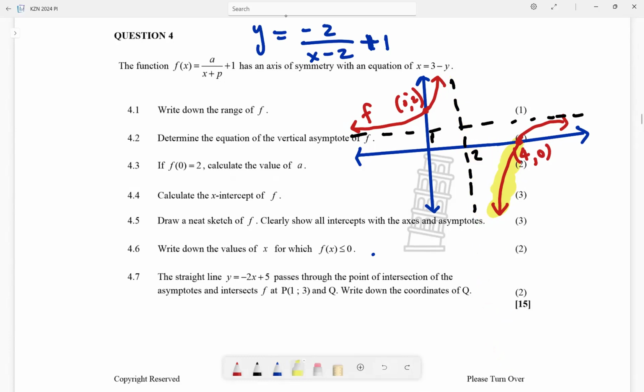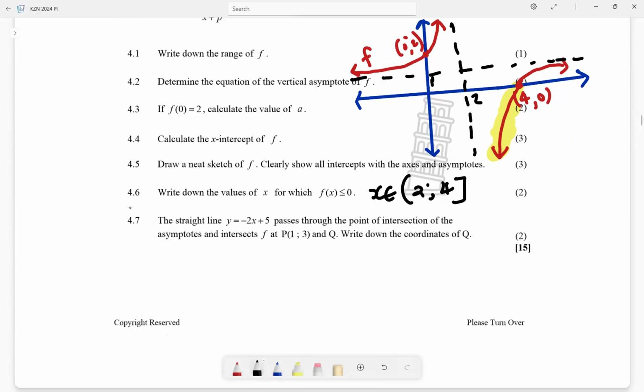So we say x is an element between 2 and 4. But now that 4, I have to include it. Why? Because the examiner said less or equal to. But the question is, why do I not include 2? It is because 2 is an asymptote, and my graph will never touch the asymptote, okay?